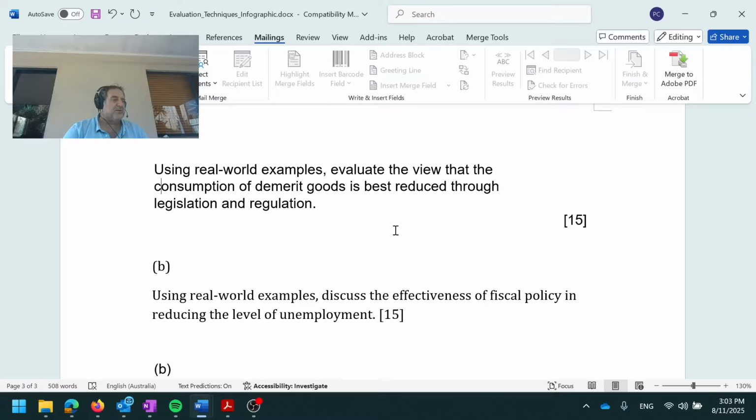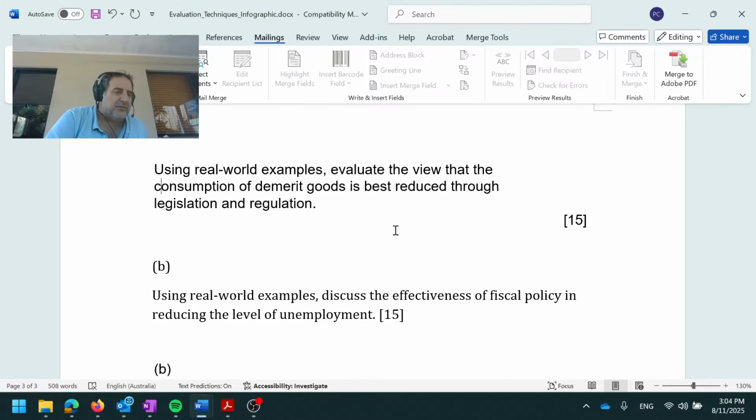You might also mention what legislation and regulation is. And then you have your first diagram, which is your problem. So you would show what the problem is with demerit goods, explain why it's a problem, why it's a market failure, and then you would give a real world example of where legislation and regulation is used to alleviate the market failure. And then you would start to pull it apart.